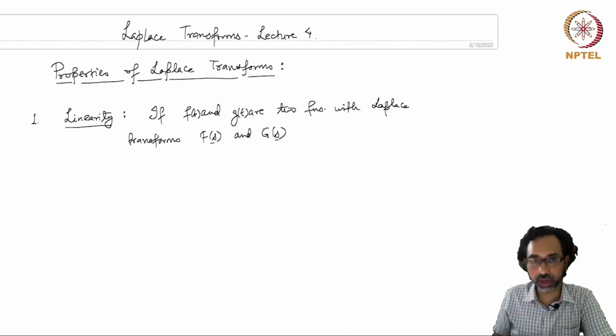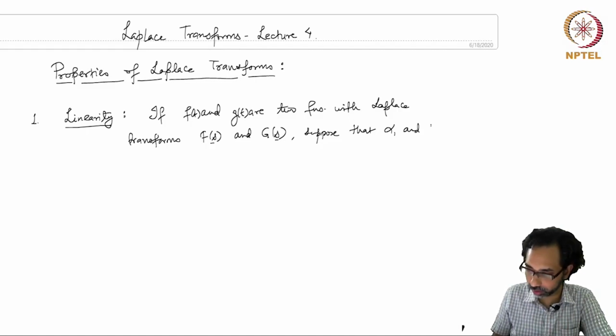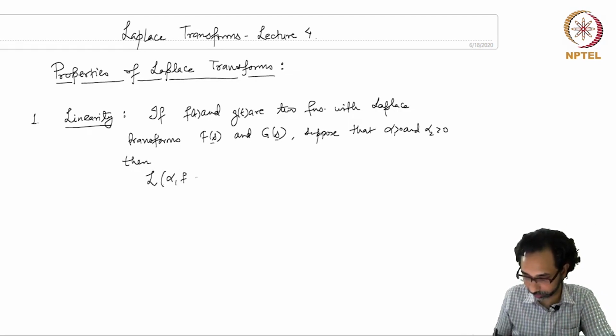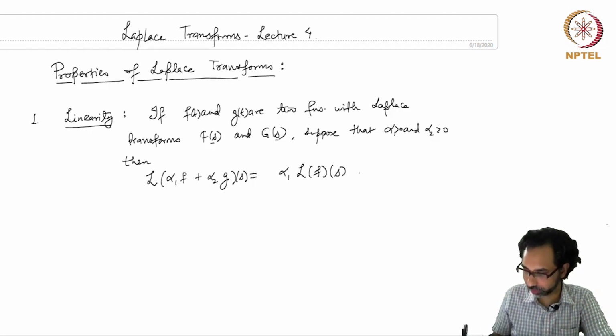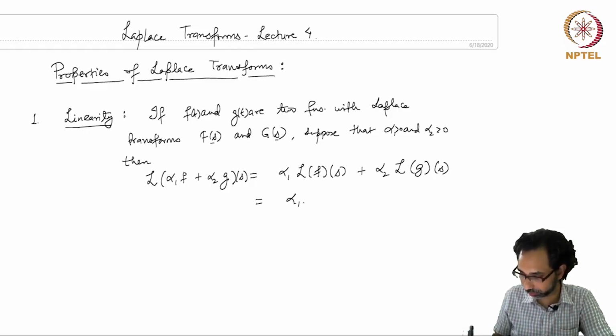Now, given two functions f and g with the given Laplace transforms capital F(s) and capital G(s), suppose we take constants alpha 1 and alpha 2, both positive constants, then the Laplace transform of the function alpha 1 f plus alpha 2 g is given by alpha 1 times the Laplace transform of f with variable s plus alpha 2 times the Laplace transform of g with variable s, and this is nothing but alpha 1 F(s) plus alpha 2 G(s).